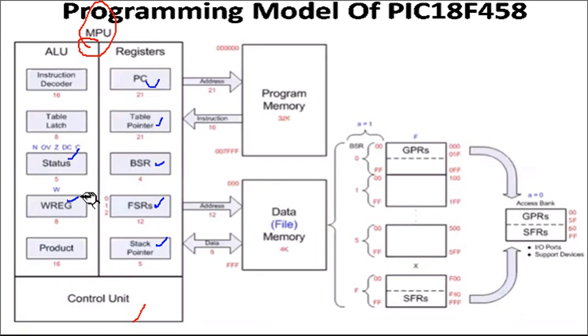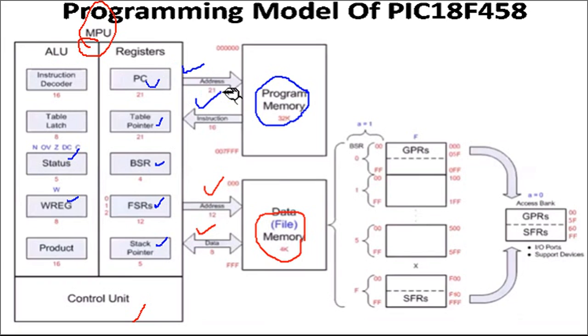As we can see, separate program and data memory is there. You can see this is the program memory and this is the data memory. Both memories are separate, so separate buses are used. These are the separate buses for the program memory as well as the data memory, right?